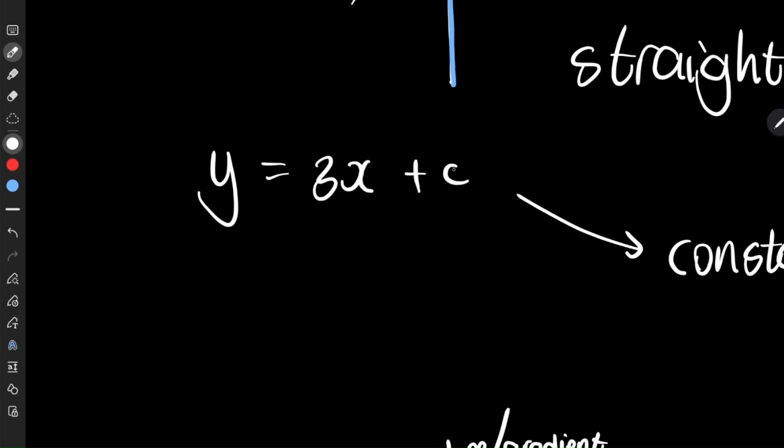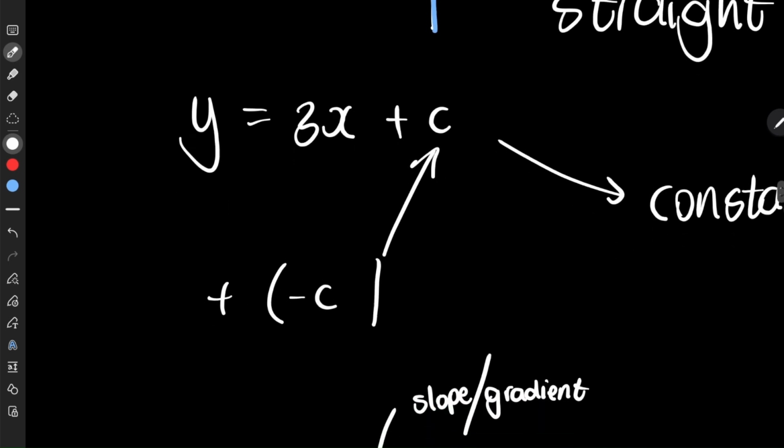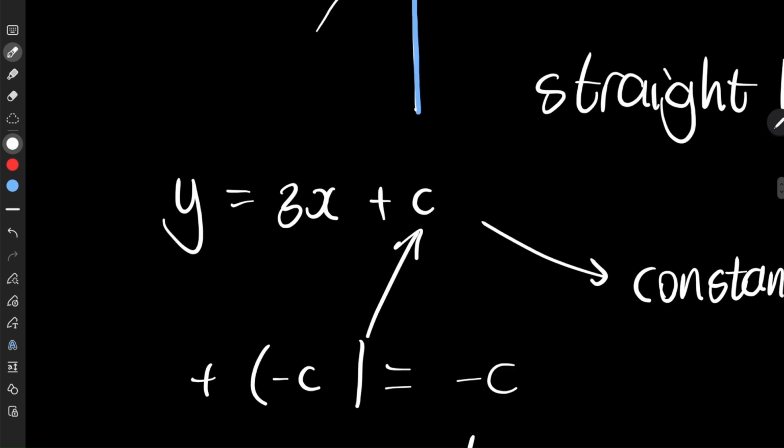And it's specifically a plus because if c is a negative number, then the negative will multiply with a positive and become a negative. Like let's say it's -3, then it becomes -3. But if it's +3, then it stays +3.